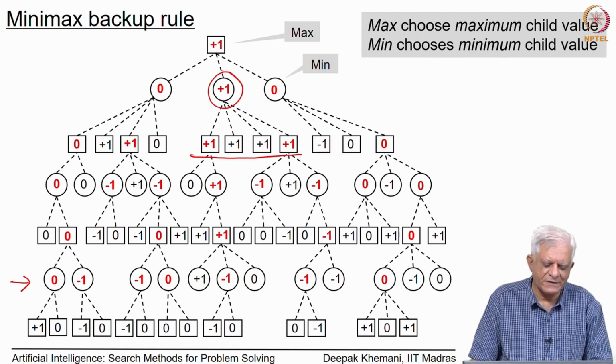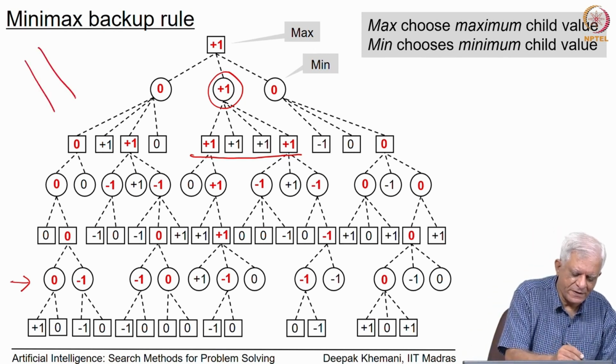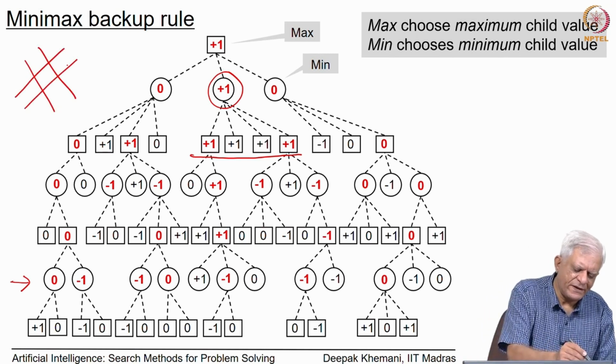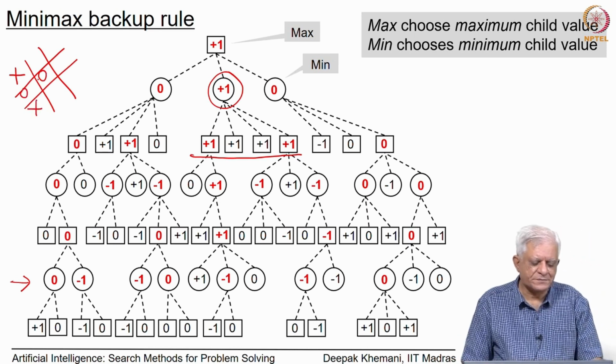But a game like tic-tac-toe or cross and knots, which you might remember, is a game which is played on a 3 by 3 square, and essentially it involves placing a cross or placing a knot and then placing a cross and a knot, and so on and so forth.